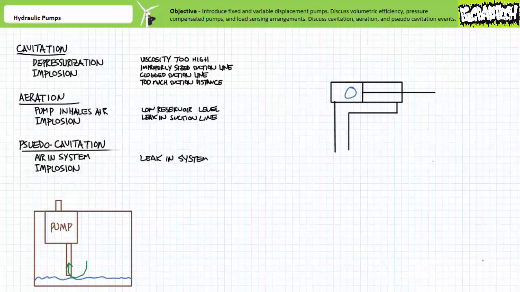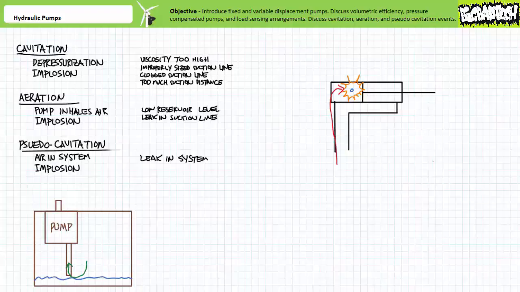Pseudo-cavitation is kind of the same thing, only it occurs after the pump. Consider a hydraulic system with a leak that happens to form a pocket of air inside the system. When pressurized flow enters this region, the entrapped air implodes, similarly damaging the system. Pseudo-cavitation differs from cavitation in that cavitation creates a vapor phase from depressurization, whereas pseudo-cavitation just sucks up air and then crushes it.